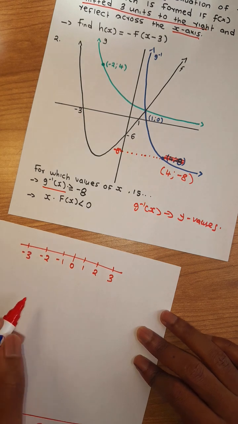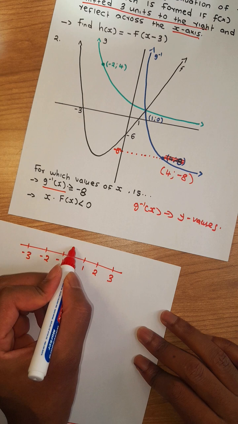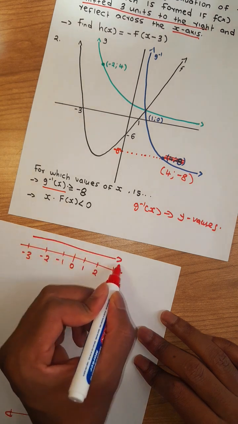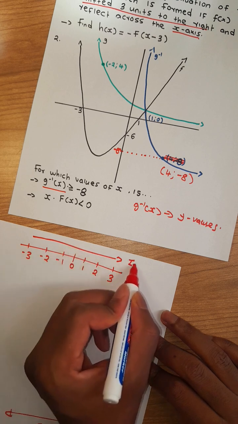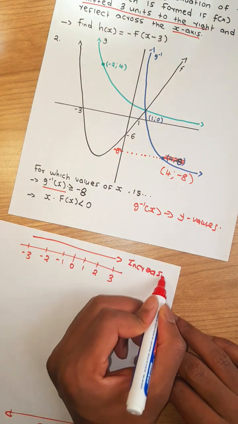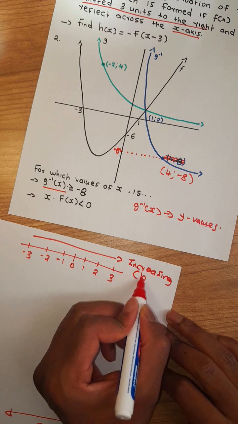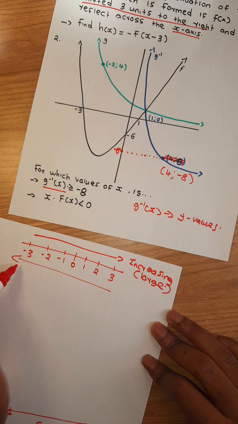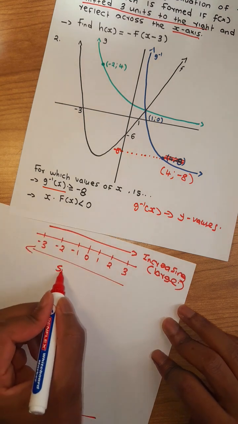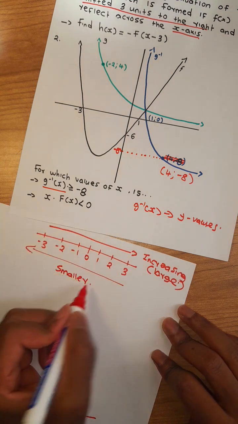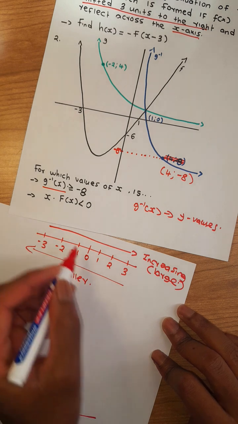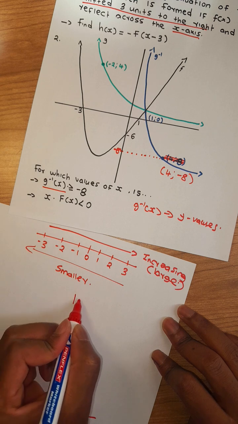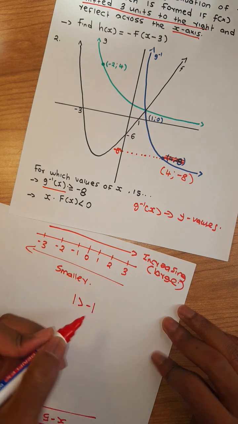We can say that when we move from the left to the right, the numbers are increasing, isn't it? The numbers are becoming large. However, if we move from the right to the left, the numbers are becoming smaller. What does this tell us? This tells us that 1 is greater than -1.